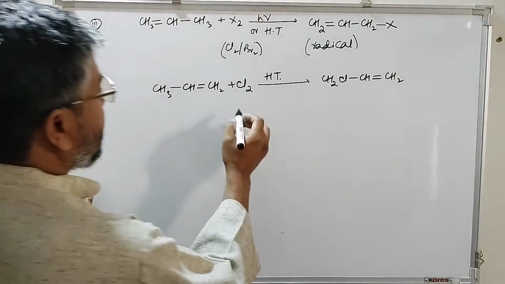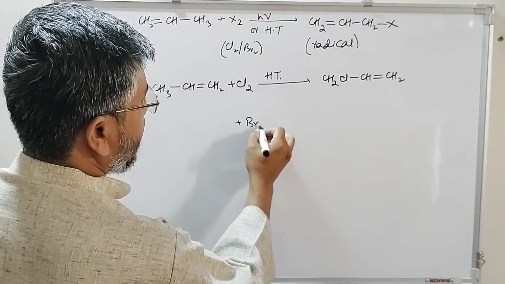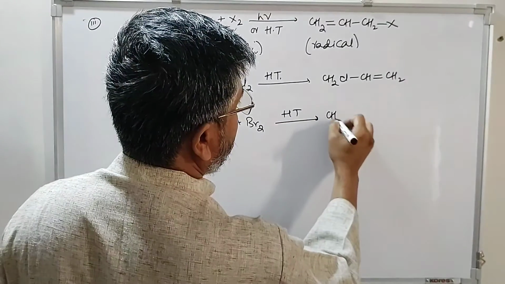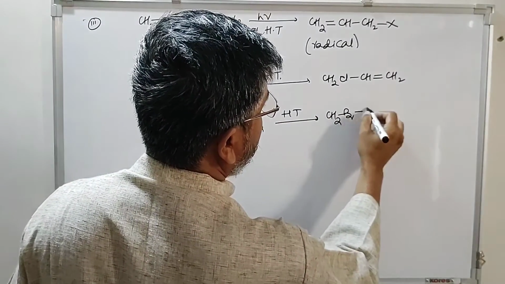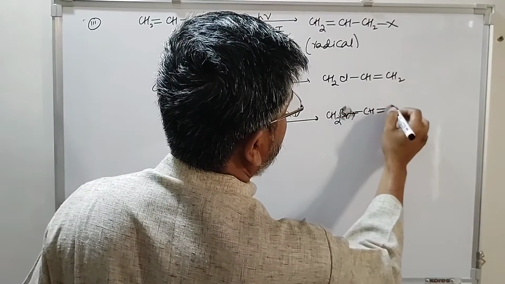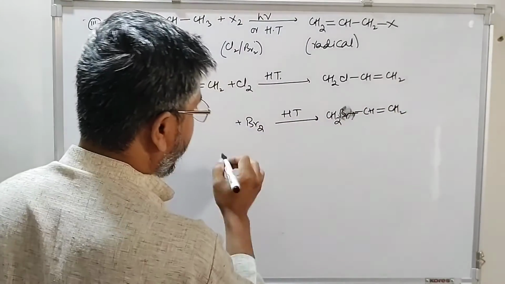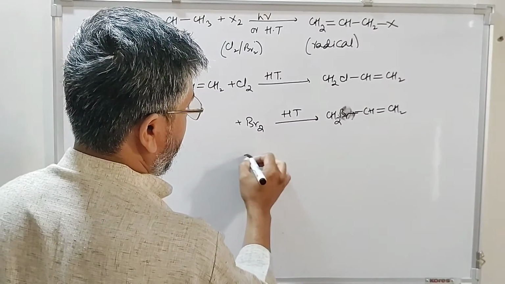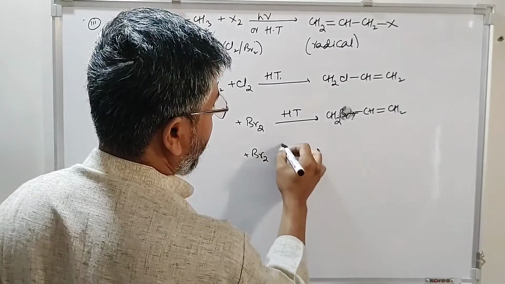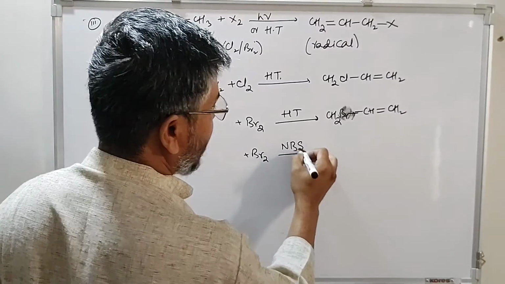Now for bromination we can carry it out in this way. Bromine, high temperature, gives CH2Br-CH=CH2, or we can also take a look at this. Bromine in presence of NBS, N-bromosuccinimide.